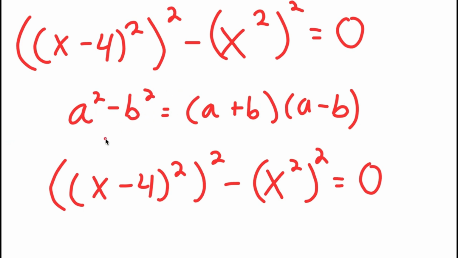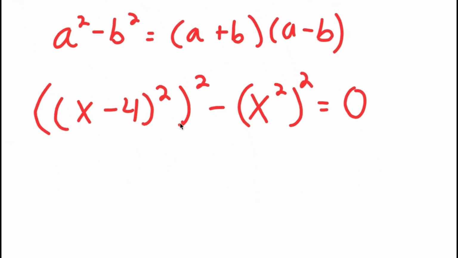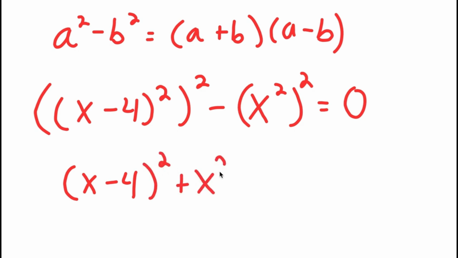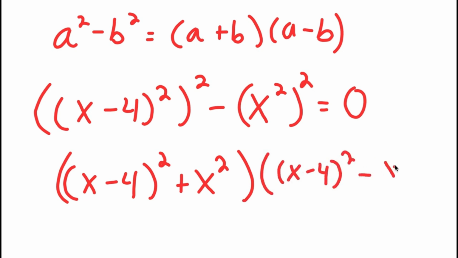So a is (x - 4)^2, and b is x^2, so I get ((x - 4)^2 + x^2) times ((x - 4)^2 - x^2) is equal to 0.